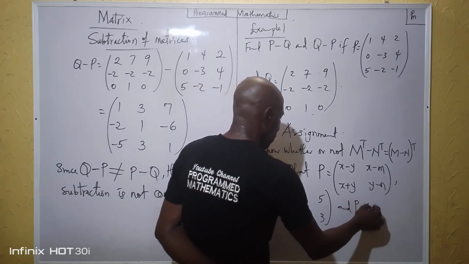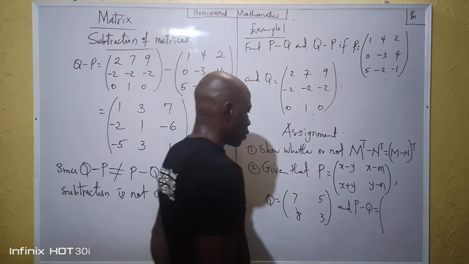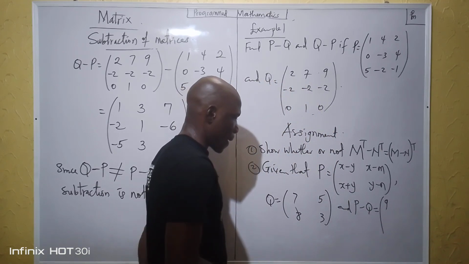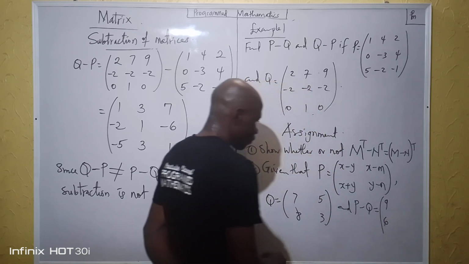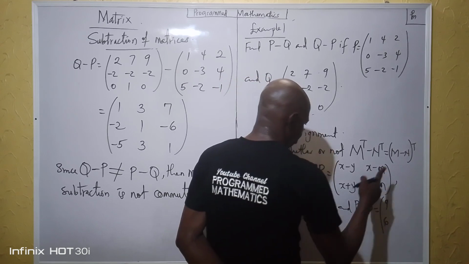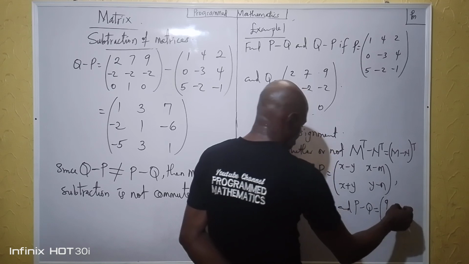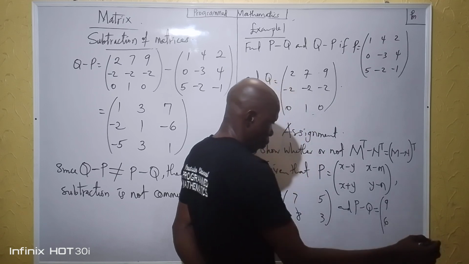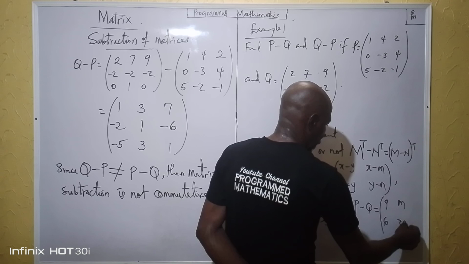And P minus Q is the matrix 9, and this one is 6, and then this one here is M, and this is 2N.